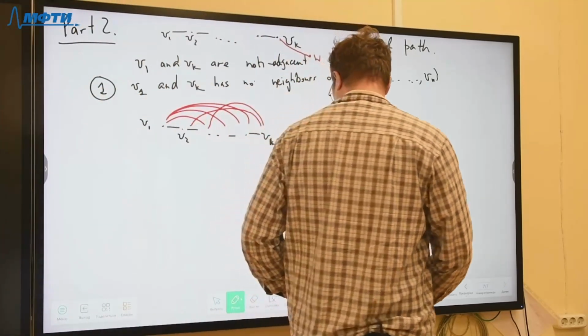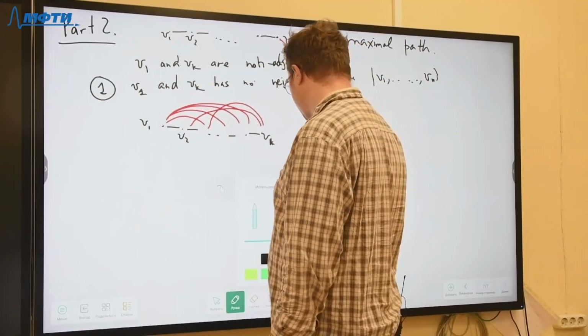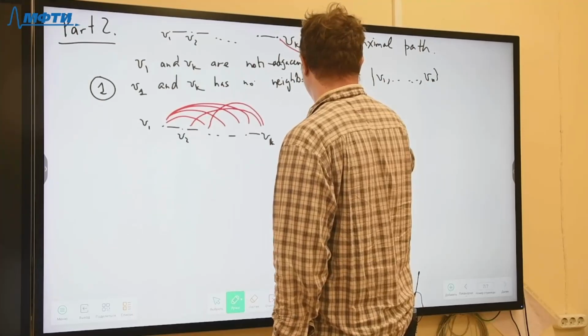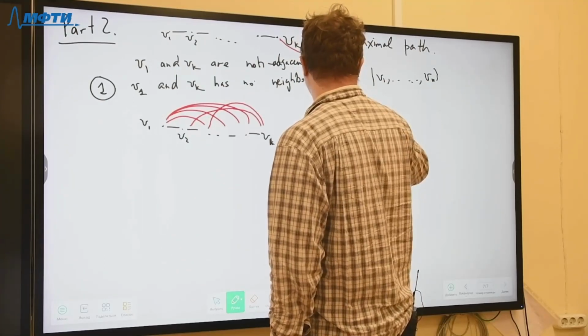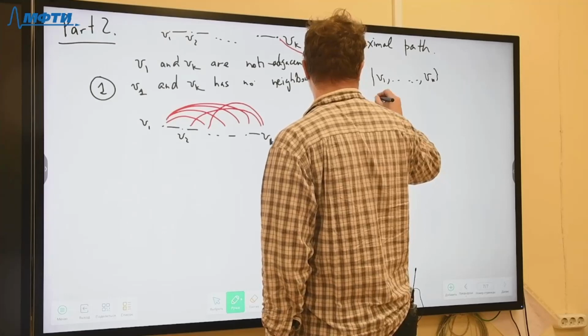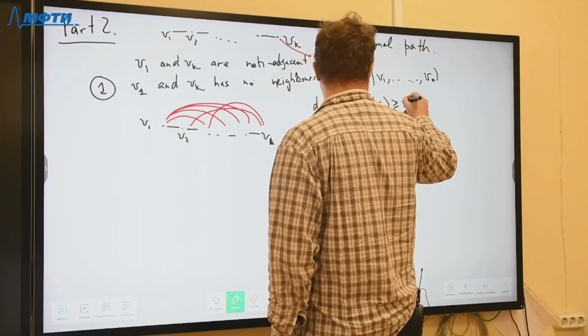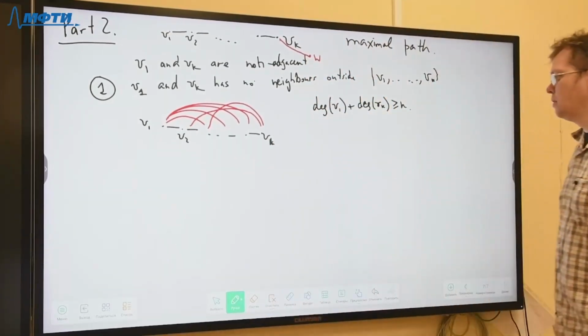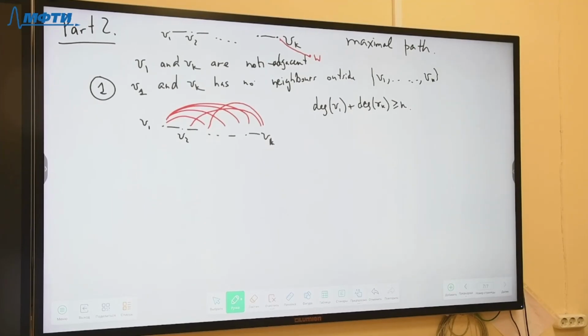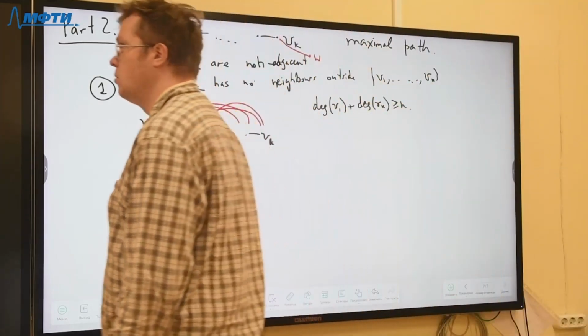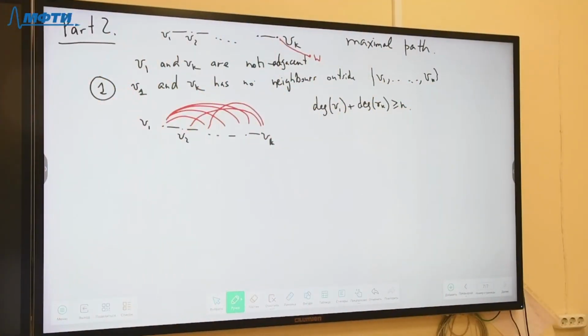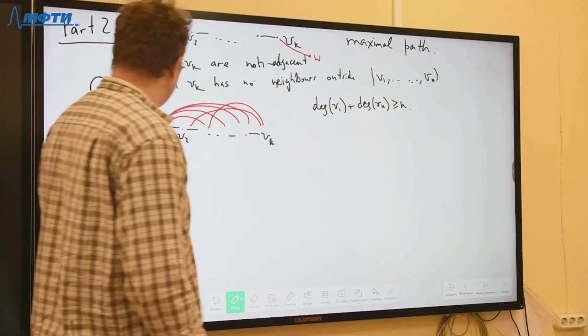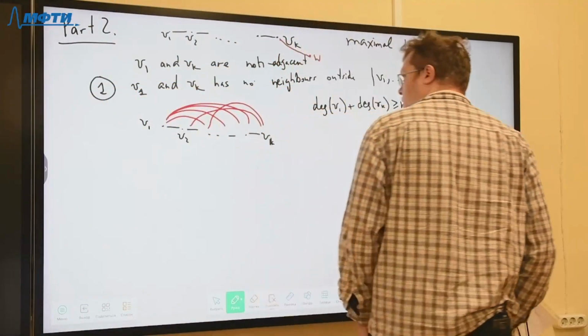And we also know that the degree of V1 plus the degree of Vk is greater than or equal to n. So what can we say about the neighbors?